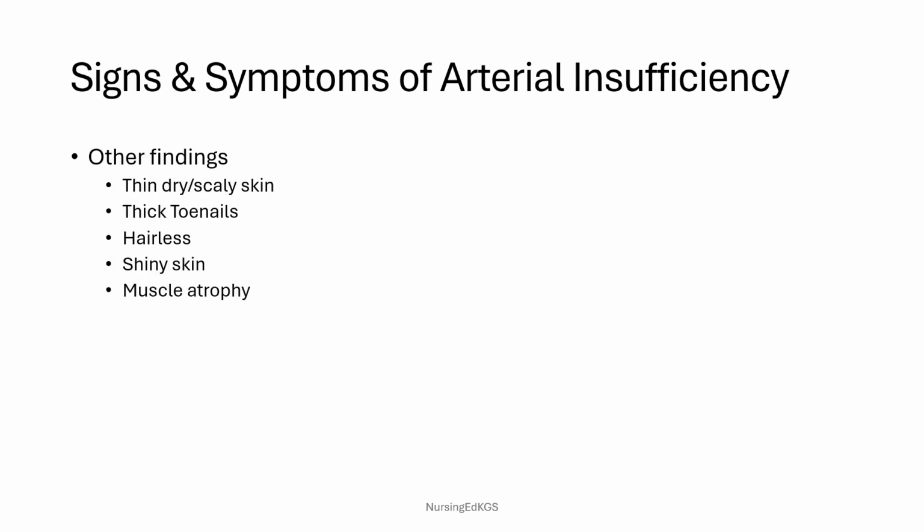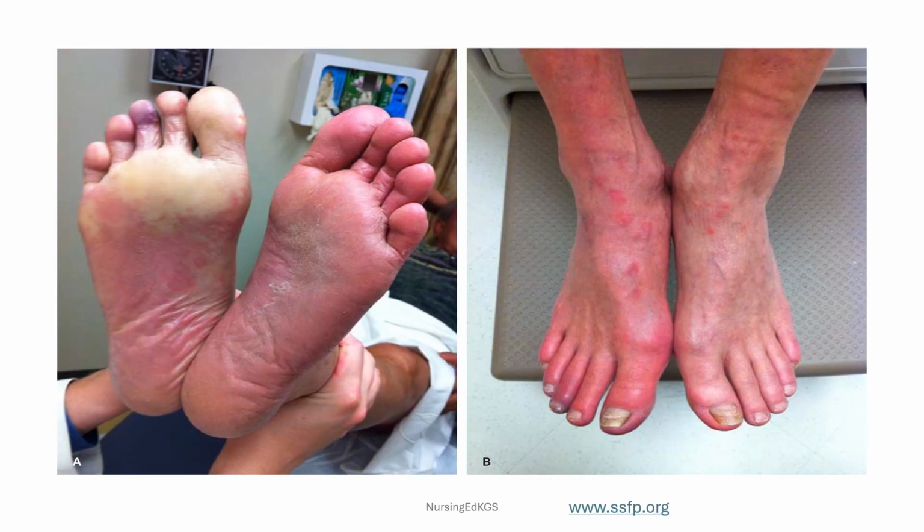Other findings that you'll be able to assess in arterial insufficiency include thin, dry, scaly skin, thick toenails, hairless, shiny skin, as well as muscle atrophy to that extremity. The image below is an example of a patient that has arterial insufficiency.